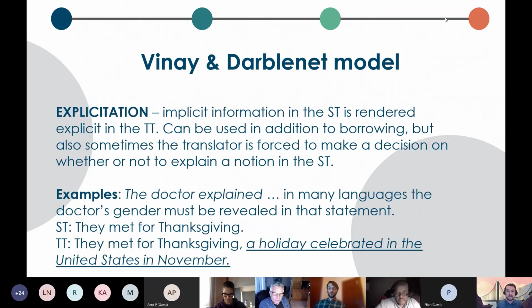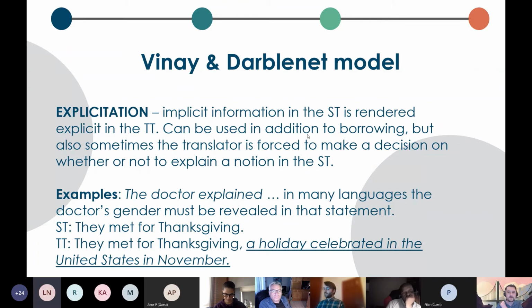One more, this is not a part of the 7, but it's also, in my opinion, a very important part of translation. It's called explicitation. So when we have implicit information in the source text, we have to render it explicit in the target text.